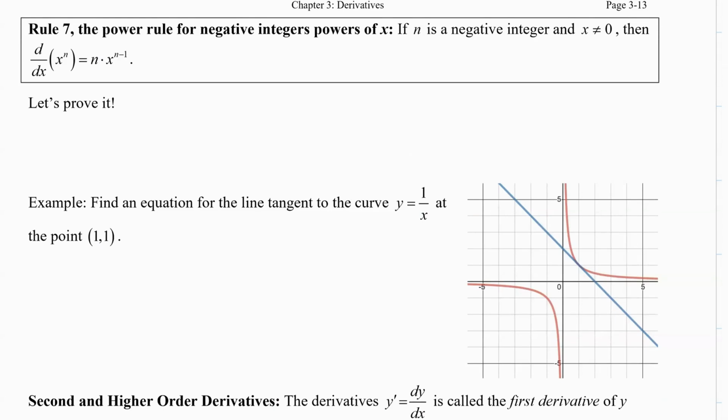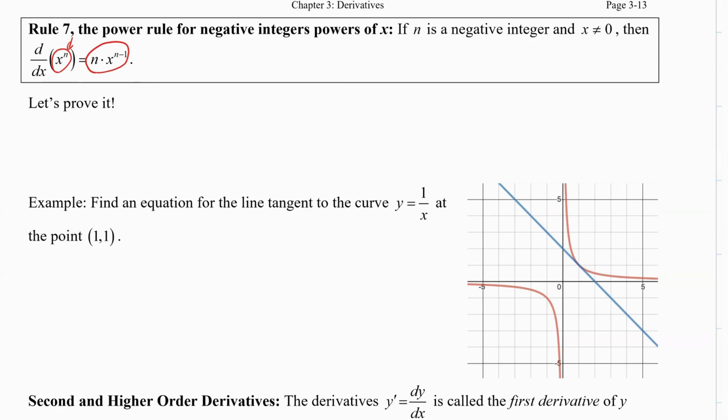It says, hey, we have something that looks like a power, but now that power is negative, like -1 or -2 or -3. And it says, even though it's negative, we use the same rule.